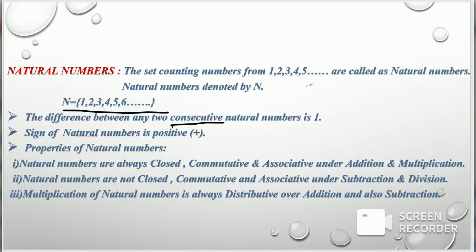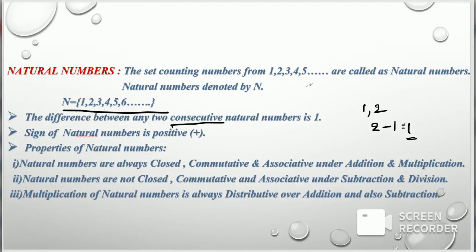That means in these natural numbers 1, 2, 3, 4, 5, 6 and so on, for example, we take 1 comma 2, the two consecutive natural numbers. The difference between the two numbers, biggest number minus smallest number, is equal to 1. This is the difference between any two consecutive natural numbers, which is 1.